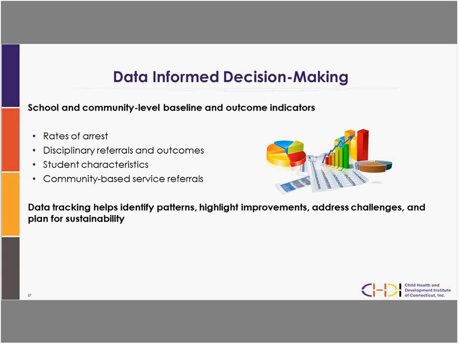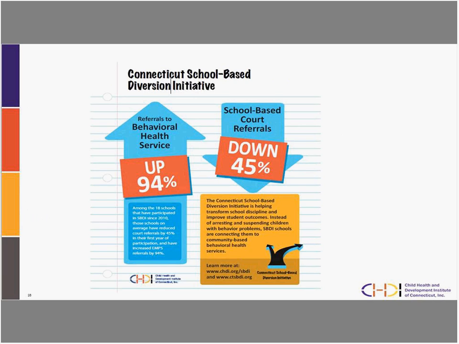Connect has several disproportionate minority contact committees who look specifically at discrepancies within race and ethnicity in terms of how students are being referred. And finally, data tracking helps us identify patterns, highlight improvements, address challenges, and plan for sustainability. So you can see what kinds of things are working and how you can build that into longer-term success.